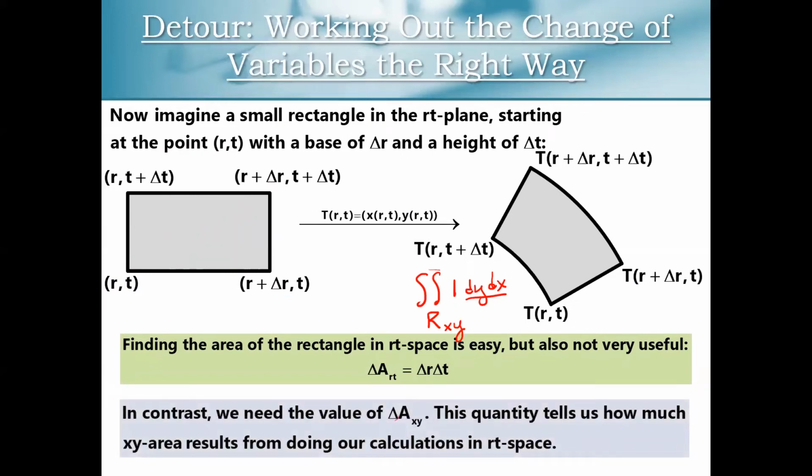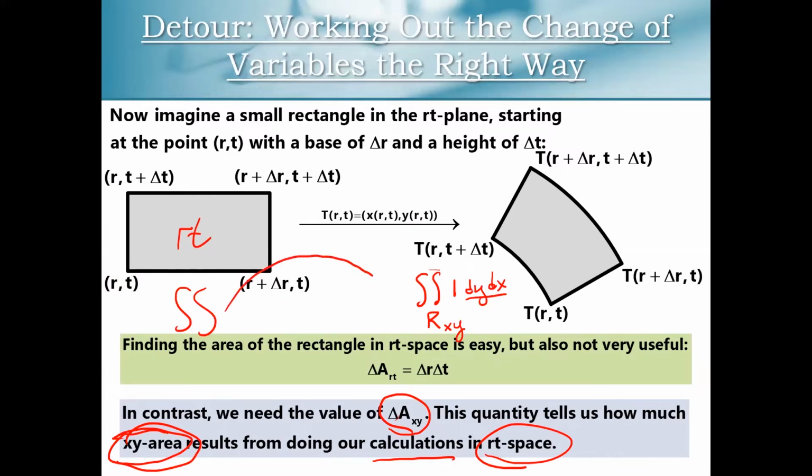I want a change of area in XY space. Basically, I want to know how much XY area results from doing our calculation in RT space. So what I want to do is integrate over here in RT space, but I want that double integral to tell me how much area I have in XY space.